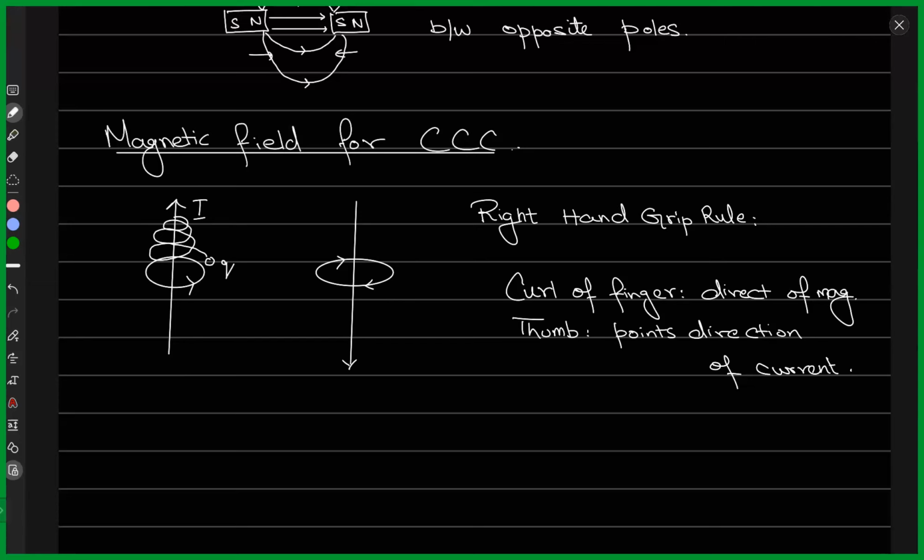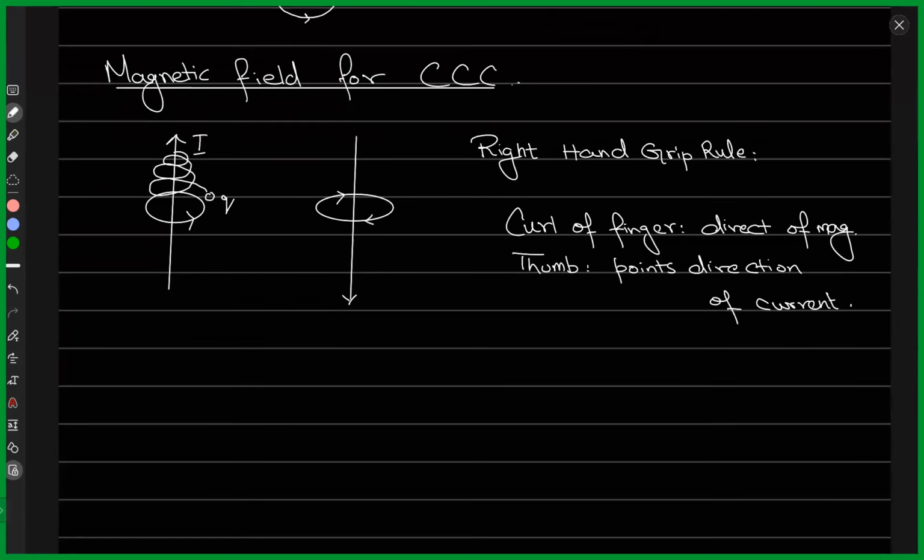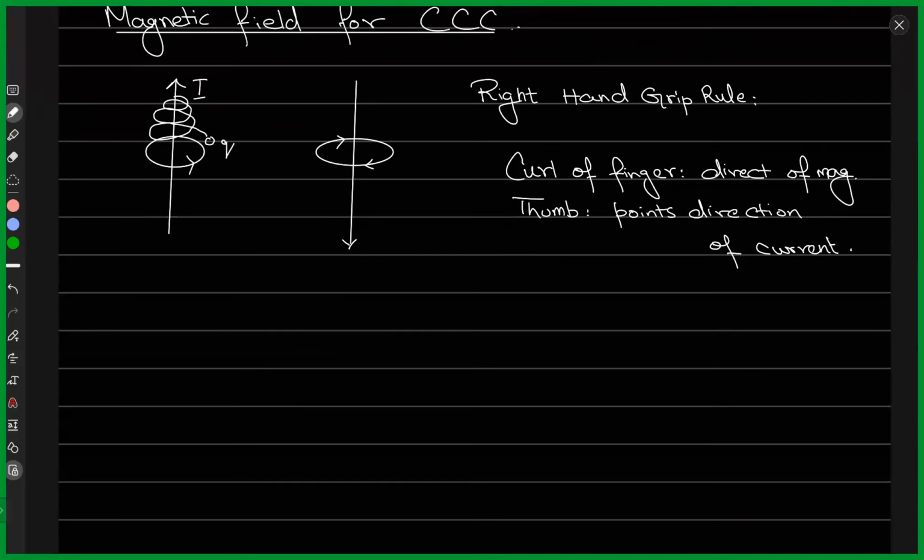So this is a straight, simple current carrying conductor. There is another one which is called a solenoid, right? It's nothing but a wire that is curled in a spiral like this. So it's still a wire, but it's curled in a spiral like this.